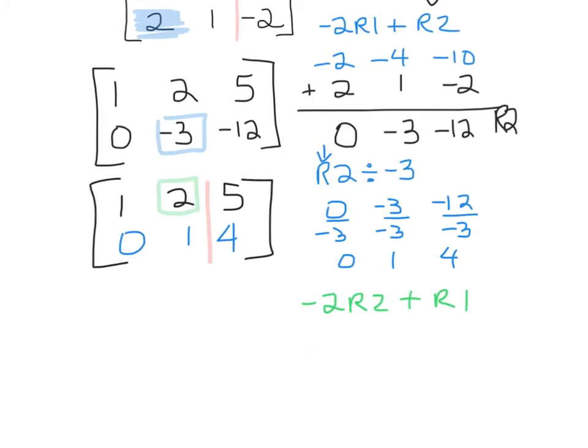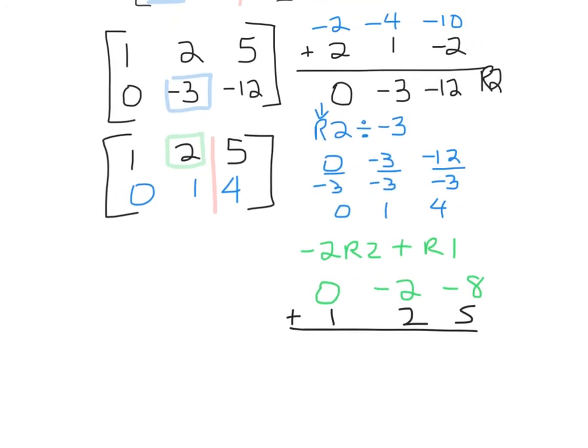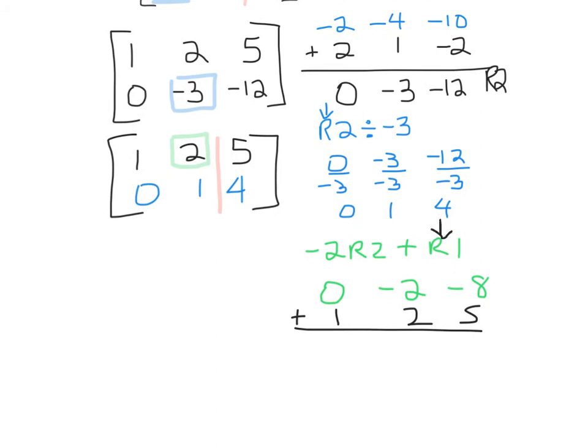So I get 0, -2, -8, and now I'm going to add it to row 1, which is 1, 2, and 5. So my new row 1 is going to be 1, 0, -3. This is my new row 1: 1, 0, -3.